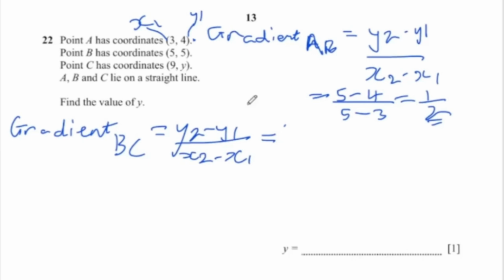Now for this particular gradient, I will use my x1, y1 as 5 and 5. These are my x2 and y2. So 9 is my x2, y is my y2. So substituting directly, this will be y minus 5 divided by 9 minus 5.